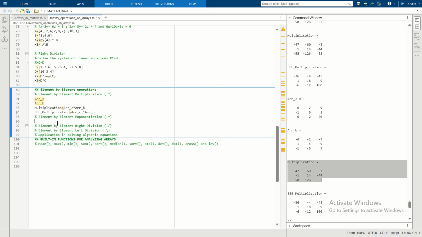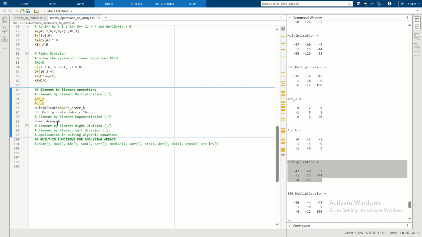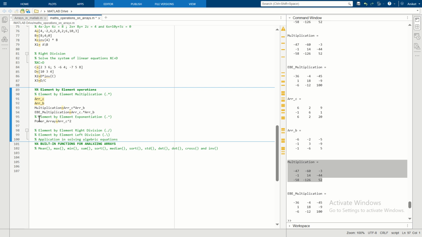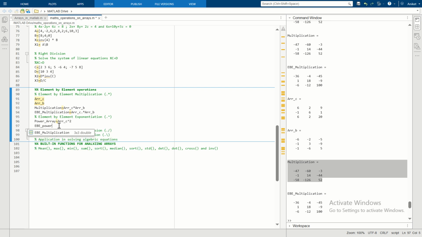Okay, so what we want is power of a array is equal to AR underscore C, and we'll do it square. Okay, and element by element power, you can see element by element underscore power of array.